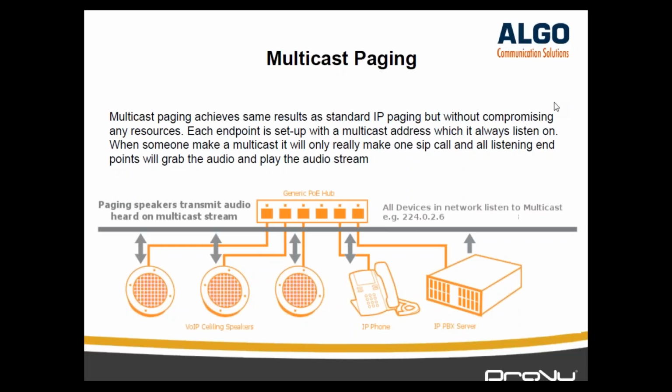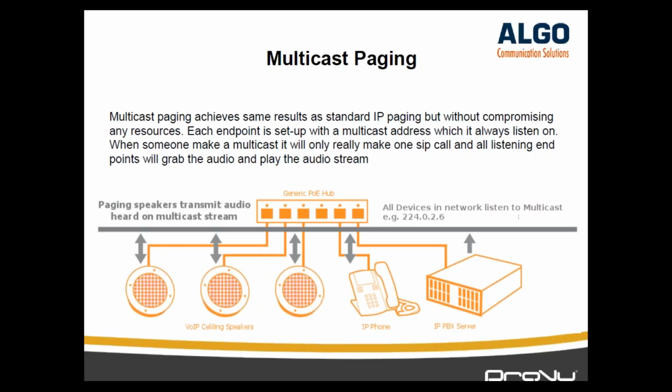The idea of multicast paging is that it achieves the same result as any standard IP paging system, but without compromising any resources. Each endpoint is set up with a multicast address. In the IP address range, there are certain addresses put on one side mainly for multicast.